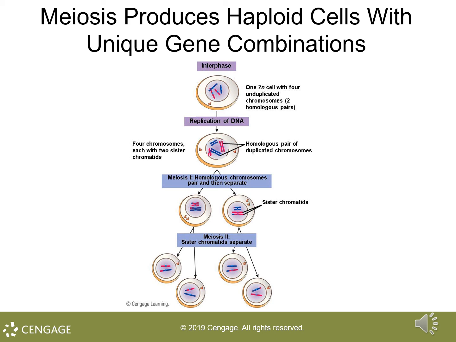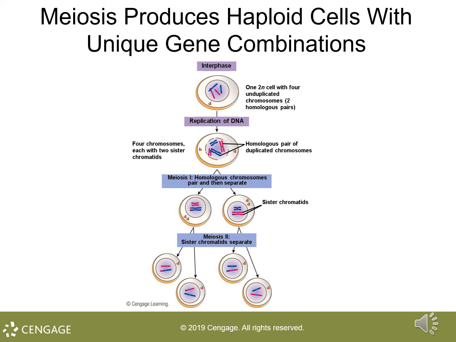Here you can see an overview where the figure begins with a diploid cell with 4 unduplicated chromosomes. In the next stage, the chromosomes replicate their DNA. So now we've got sister chromatids bound together at the centromere. That's 4 chromosomes, each with 2 sister chromatids, and they also have the homologous pairs labeled.